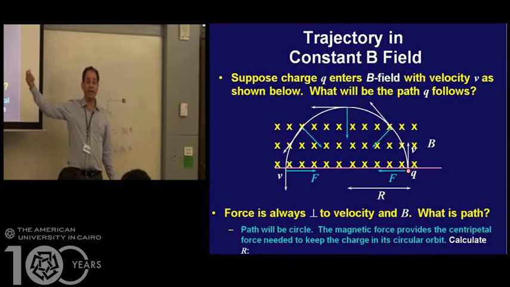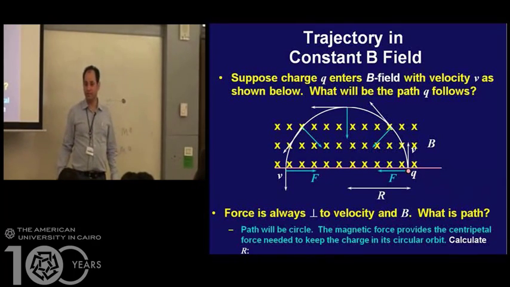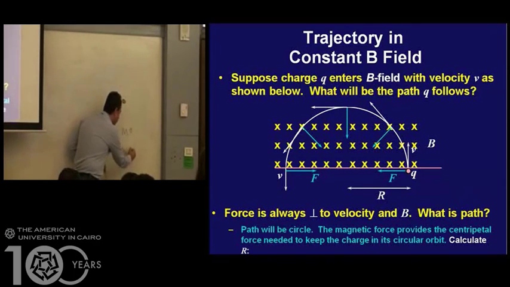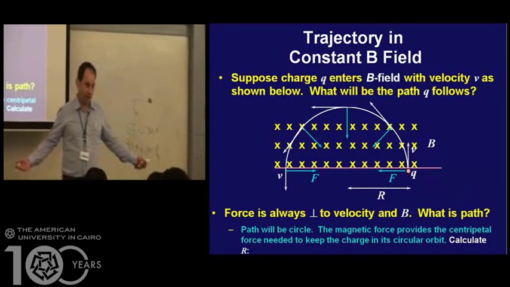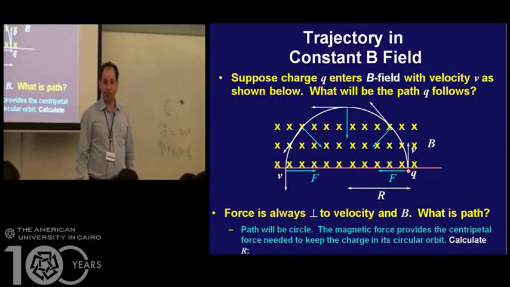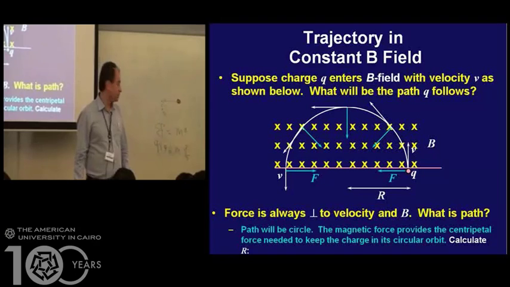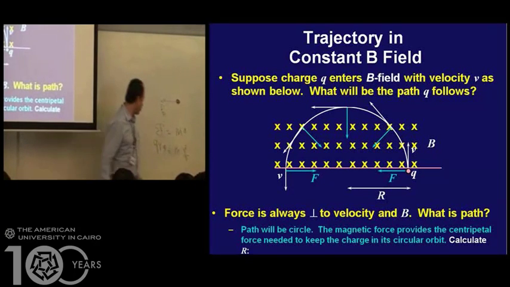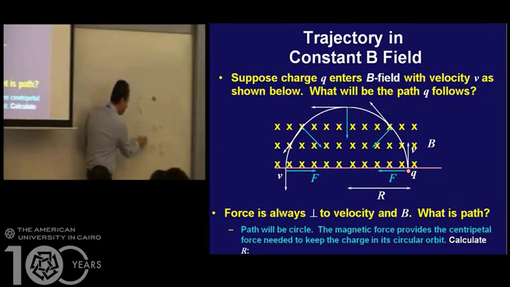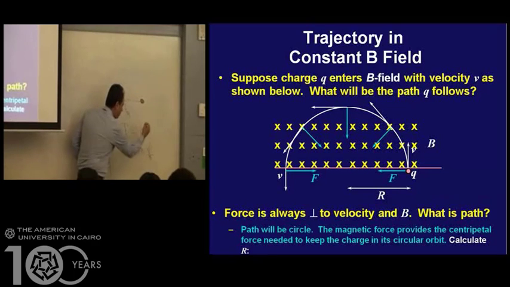What kind of motion do we have? Uniform circular motion, in which the acceleration equals the velocity squared divided by the radius. Right? Chapter 4, Physics 111. Now, guys, when you solve for R, V will go with the square. R will equal mv over qB.